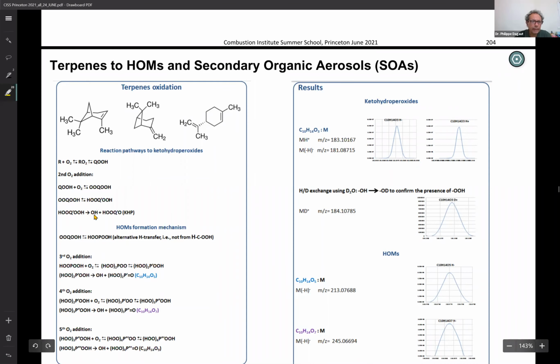Then isomerization again, and it can also decompose, producing an OH radical and a ketohydroperoxide. But the reaction can proceed further, and we observe the formation of up to 5 O2 molecules added on the fuel radicals.